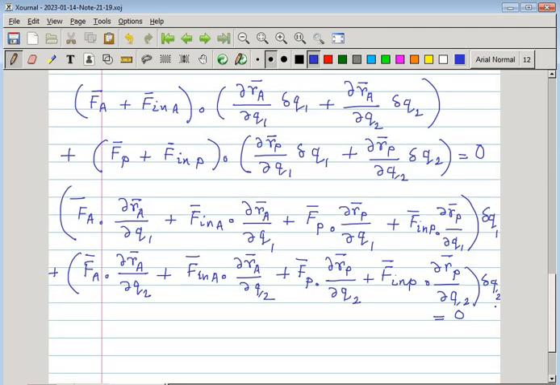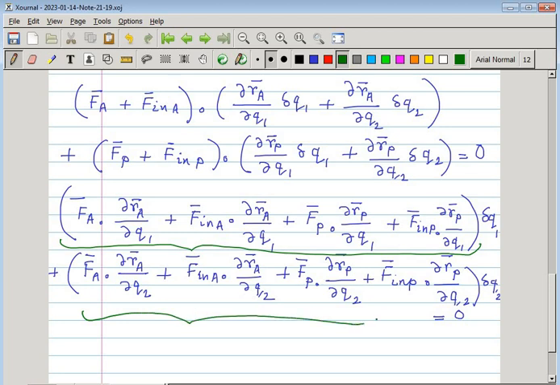That means if the sum has to be 0, then both these quantities inside the brackets should be 0. So this gives you two equations. One equation is this is 0 and the other equation is this is 0.